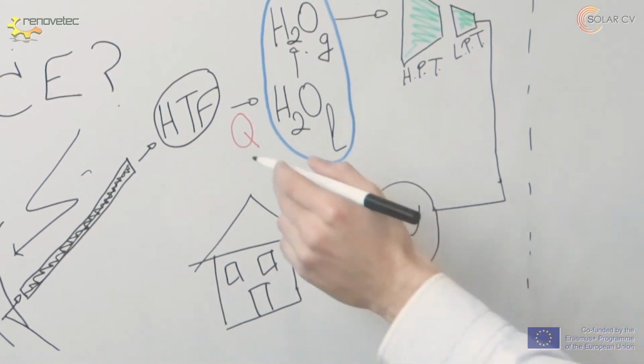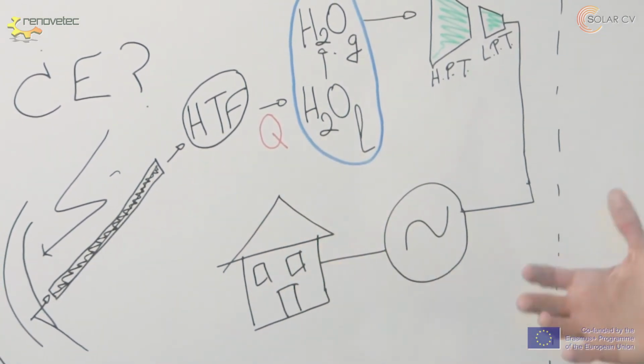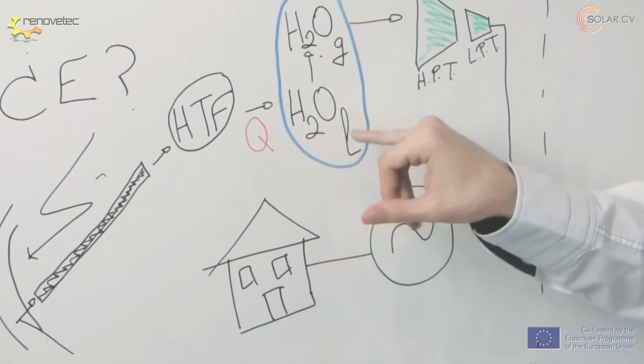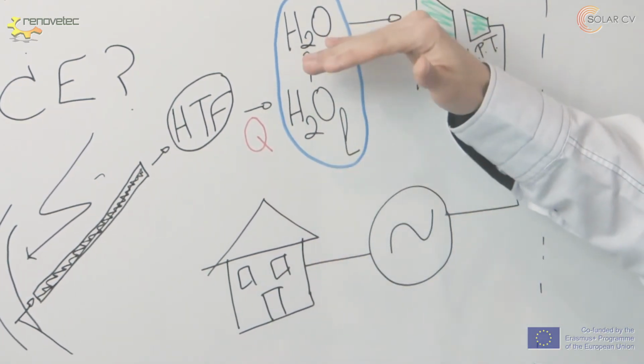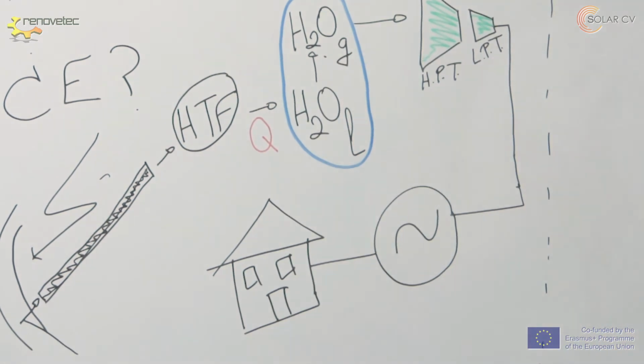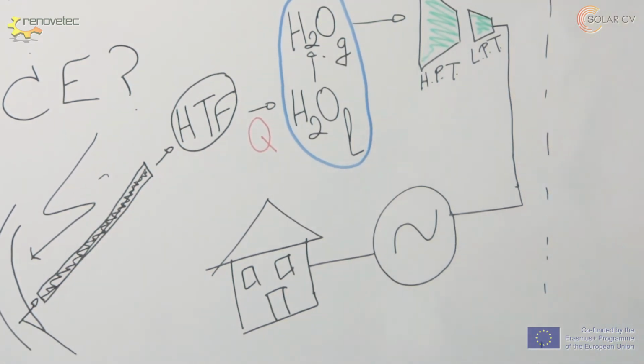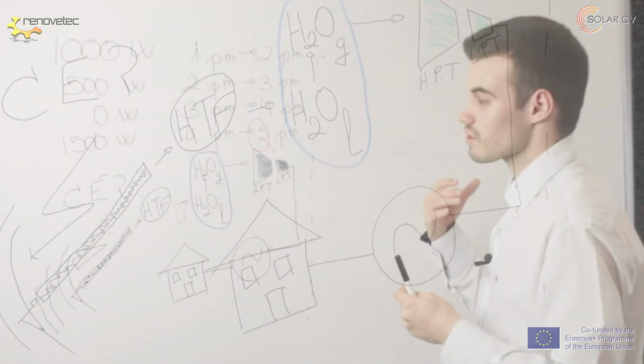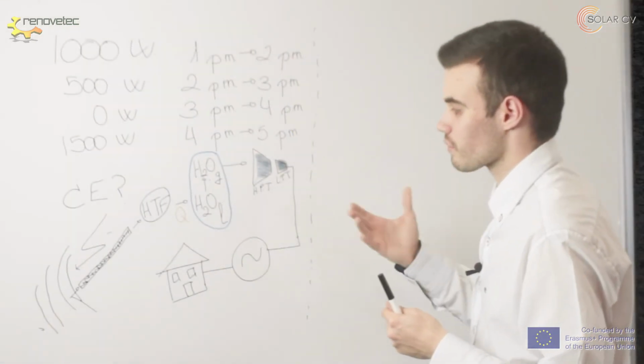However, if this HTF doesn't have enough energy to heat the water from liquid state to steam state, or even to superheat this liquid, the plant is not going to be able to produce anything.